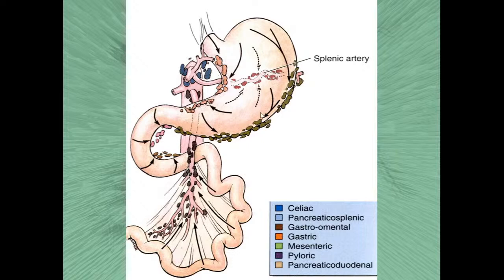At the greater curvature of the stomach, we can see right gastromental lymphatic nodes and left gastromental lymph nodes. You see, same as the arteries.